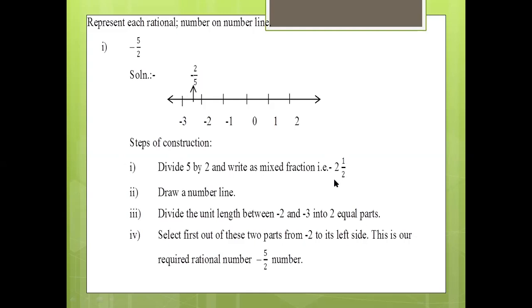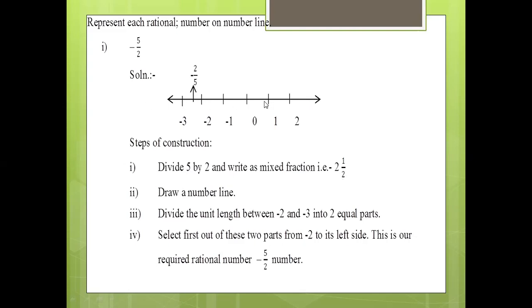The answer minus 2 1 over 2 shows that this number is after minus 2, meaning between minus 2 and minus 3. 1 over 2 means half, so this is the half between minus 2 and minus 3. So how can you draw it? First step: divide 5 by 2 and write it as the mixed fraction minus 2 whole 1 over 2. Second step: draw the number line.